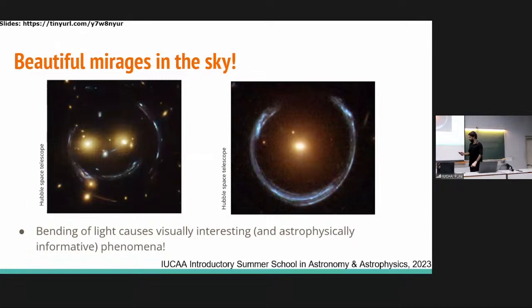Okay? So in this particular picture here, for example, you see these big yellow blobs. These are galaxies in the foreground, so somewhere in between us. Then there are galaxies which are further away from us. So these blue blobs that you see here, these are images of galaxies which are very far away from us, much further than even those yellow galaxies.